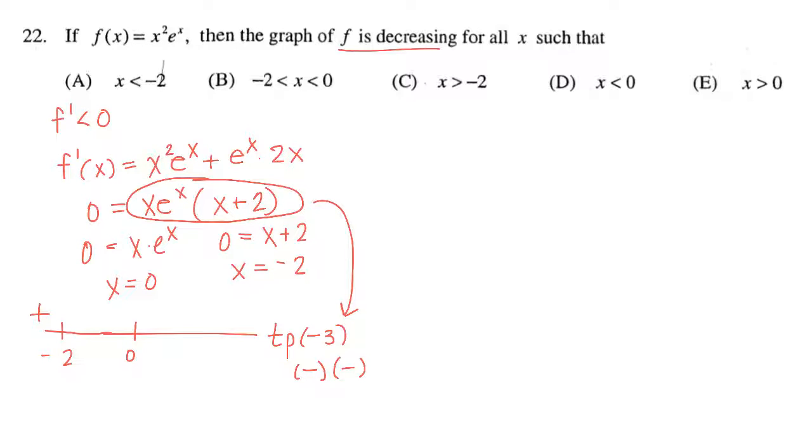Same idea, we would have a negative times a positive this time, so we have a negative. And then on the other side of 0, we would have positive. So inside this interval is where the derivative is negative, therefore that's where our original function is decreasing. So it looks like we should get answer choice B.